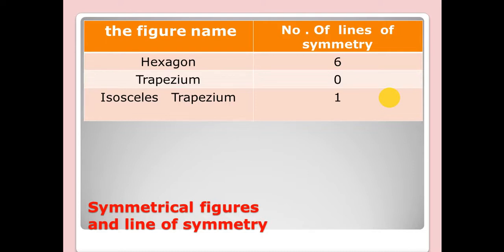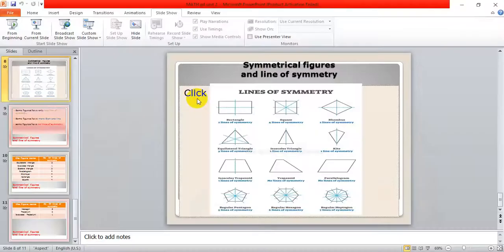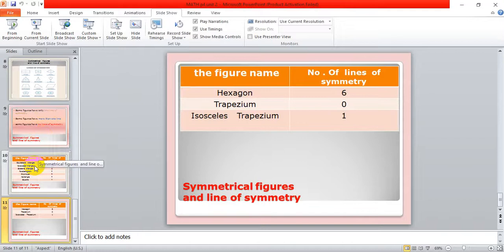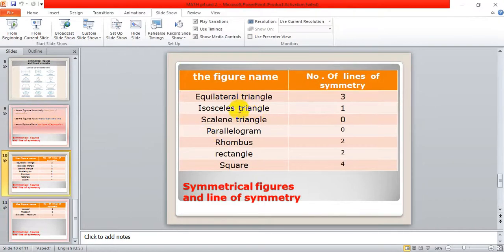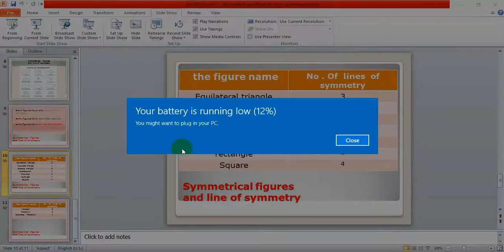Any isosceles, 1. Isosceles triangle 1, and isosceles trapezium 1. Okay.